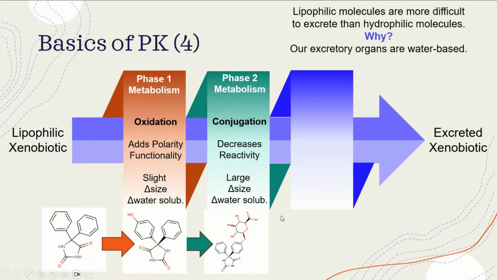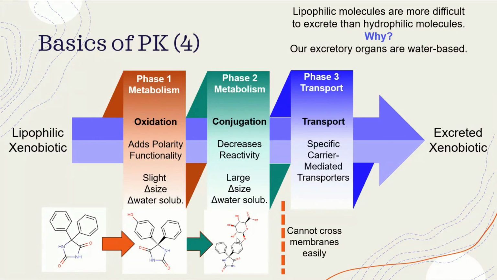Now, the problem is we've kind of created a situation for ourselves where we've taken this lipophilic molecule and made it water soluble on the inside of the cell. So now what we have to do is take this water soluble molecule and have it cross those membranes again so that we can excrete it. And that's where the phase 3 system, or the transport system, comes in, where we use those specific carrier mediated transporters that I talked about before.